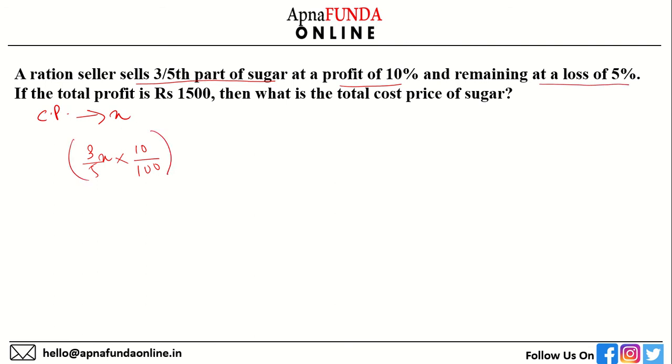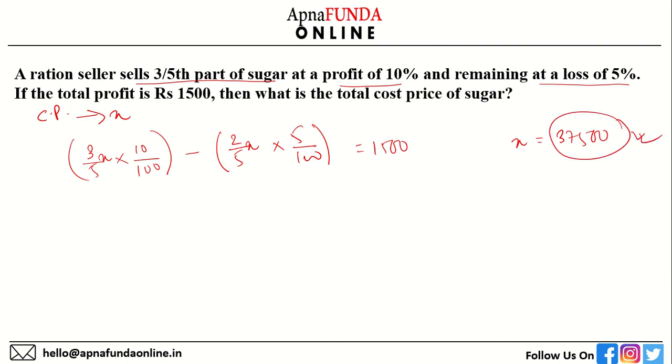So the second expression is 2/5 of X into 5 by 100. This difference gives me 1500. If you solve for X, you will get 37,500, which is the total cost price of the sugar. This is one of the ways to understand and solve it. If you have understood this topic very well, you will solve it in this way.